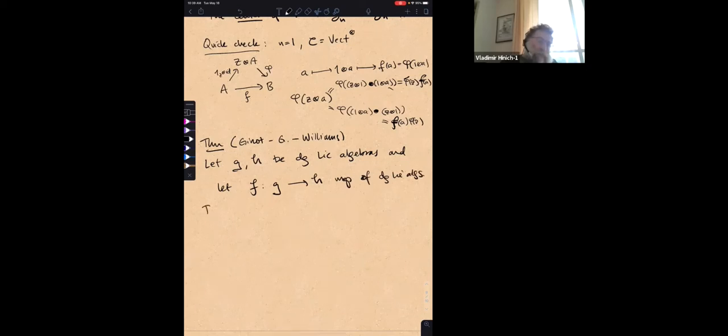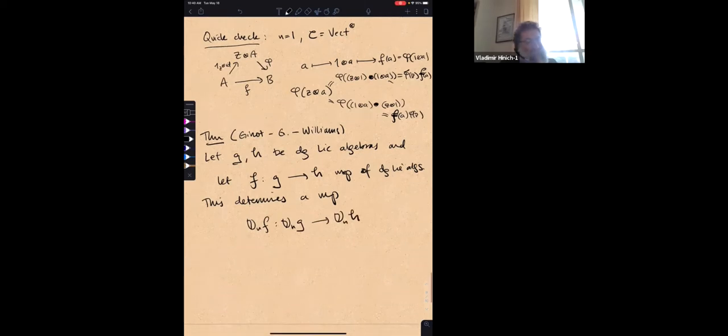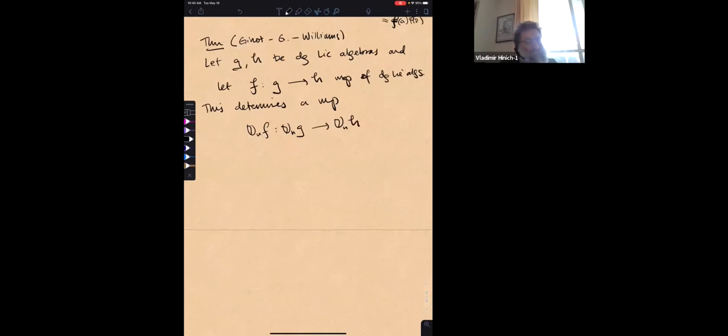Okay, this determines, of course, a functoriality map from the enveloping algebra of G to the enveloping algebra of H. Okay, now the crucial thing we show is that the centralizer of this map has a very nice model.